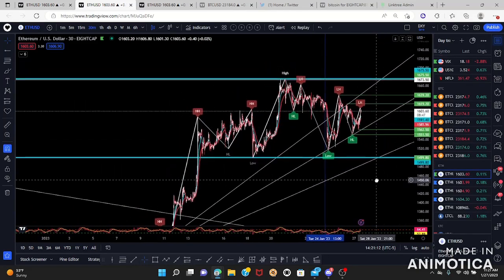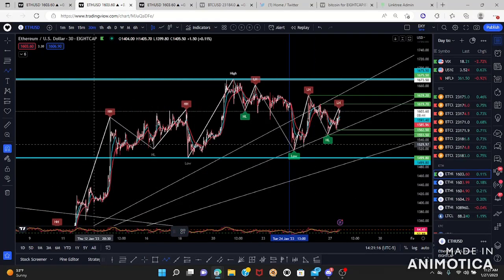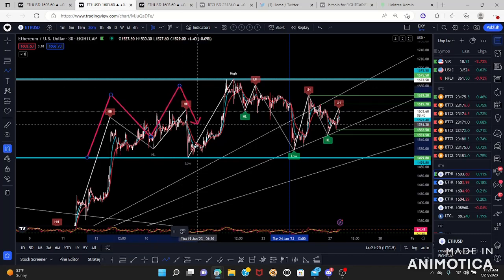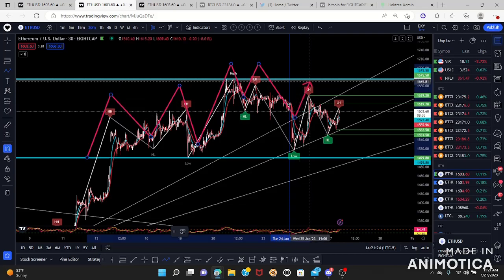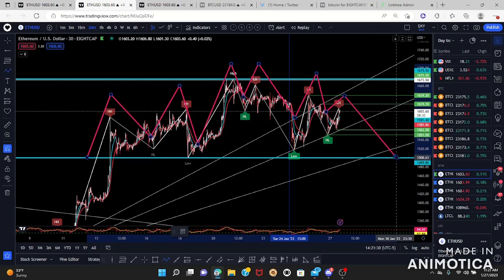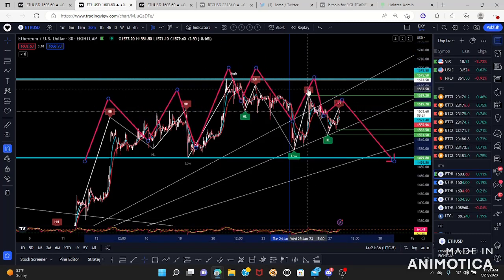Just based on my highs and lows, I realized that, look, a high, a higher high, then we had a high, then a lower high, then another lower high, then another lower high. I mean, this could definitely be a turning point here. So keep an eye on it.